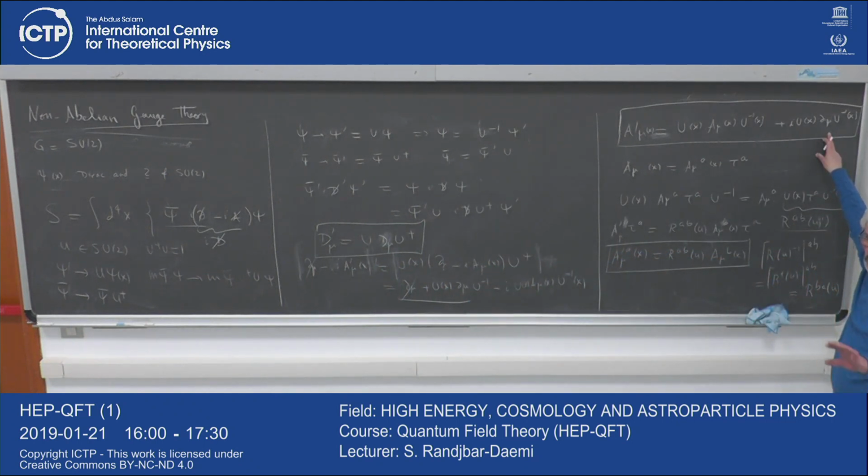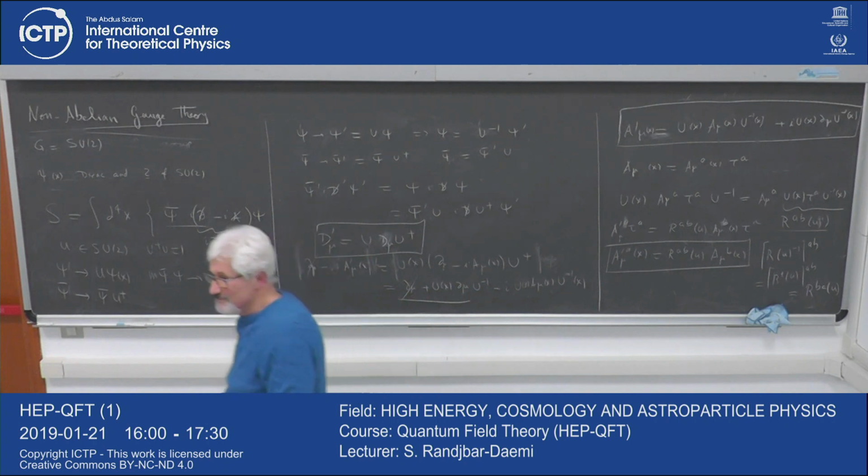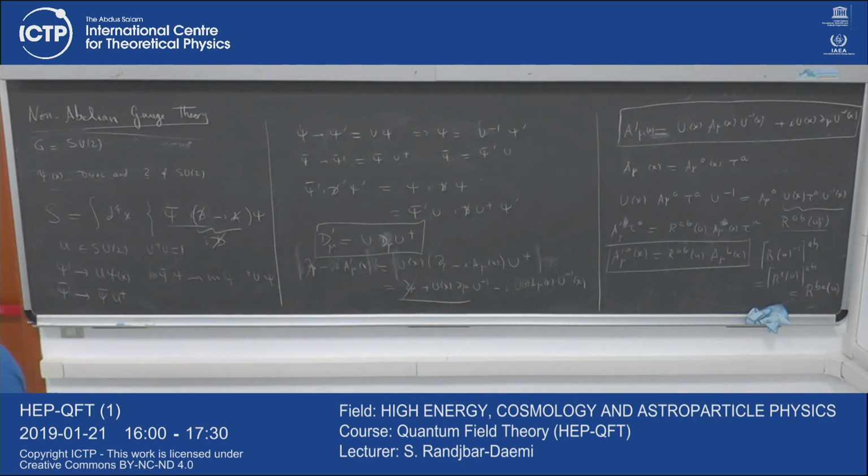But that extra term, we already argued that it's a Hermitian matrix, it's traceless, therefore that can also be expanded in terms of the Pauli matrices. So everything, all the A transforms, can be expanded in terms of the Pauli matrices. For that reason, we say that it's the Lie algebra valued vector field. It's a vector field which takes its values in the Lie algebra of the gauge group.